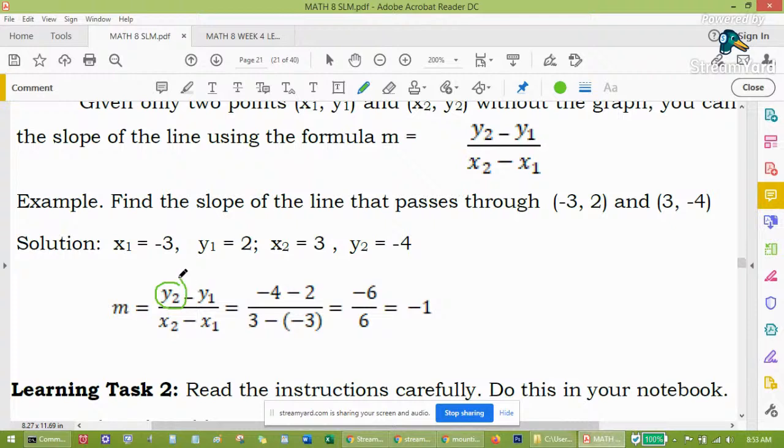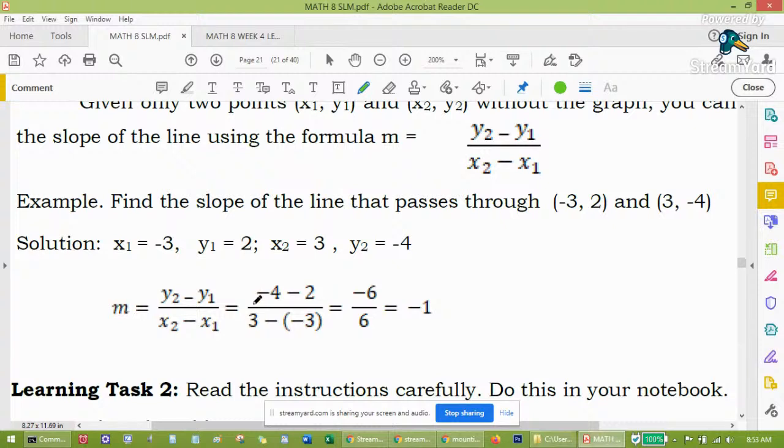So, yung pangalawang y natin is negative 4. So, that's why meron tayong negative 4 dito. Minus yung unang y. So, yung unang y natin is 2. So, that's why meron tayong minus 2.